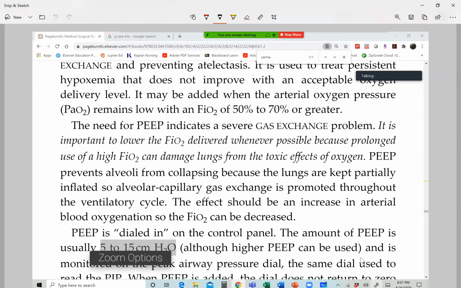Another purpose is, instead of increasing the FiO2, why not just increase the pressure? All right, it's smarter. It is important to lower the FiO2 delivered whenever possible, because prolonged use of FiO2 will actually cause toxicity. Right? So instead of increasing FiO2, why not increase the PEEP?